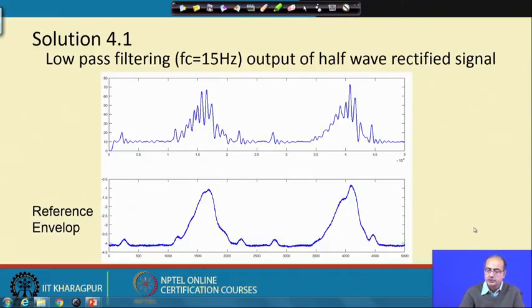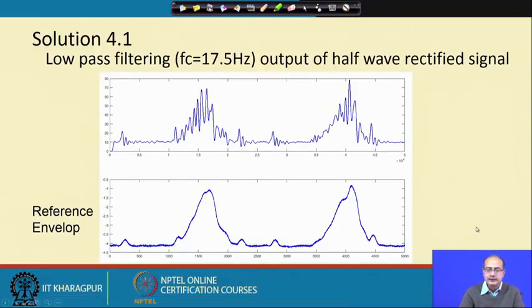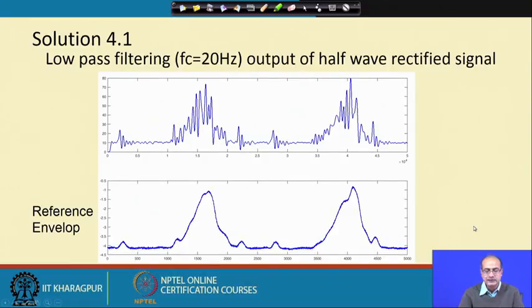Okay. So let us move ahead and increase the cutoff frequency further. We are preserving up to 17.5 Hertz, and we see that the ripple has increased a little more, and then we go to 20 Hertz, and we get a further increase.